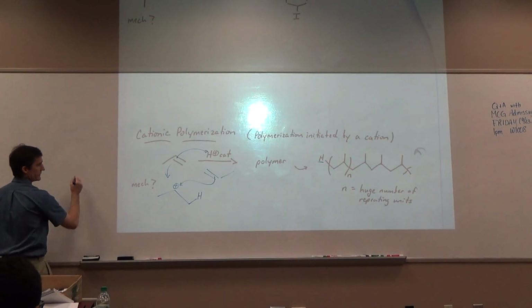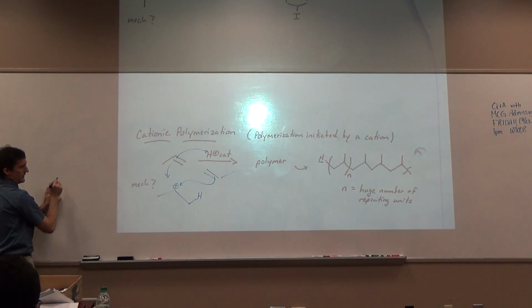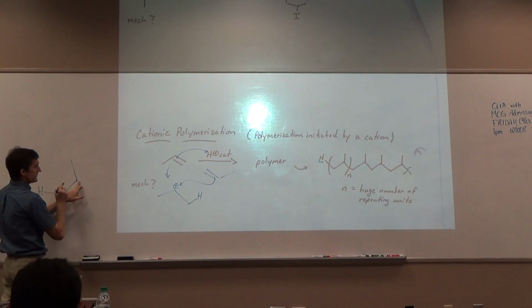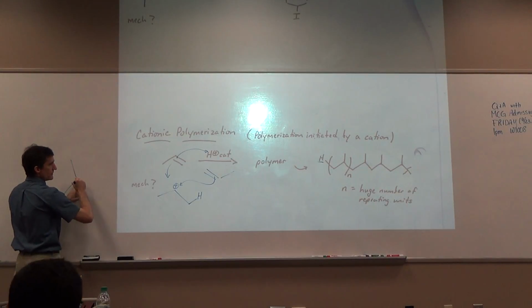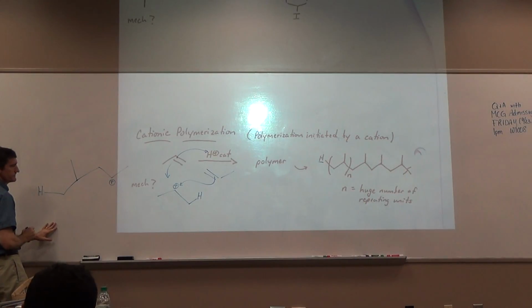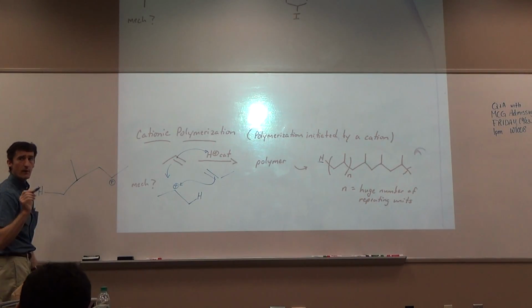What does that give? I'm going to draw it a little bit differently. I'm going to put that new H here. And then this here we got, plus. I like to show what bond just formed.